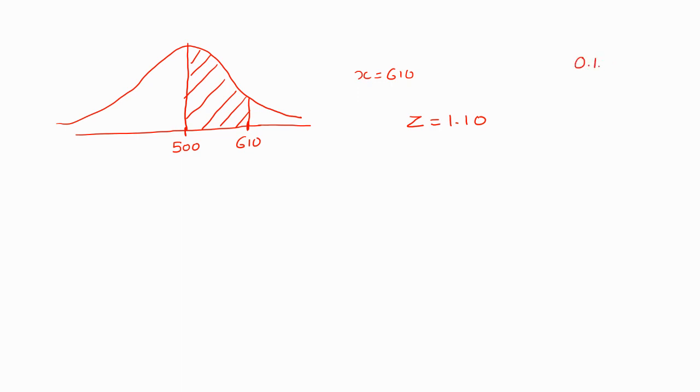In the table, the Z values will be listed 0.0, 0.1, 0.2, 0.3, 0.4, and so on, 1.0, 1.1, 1.2, till 3.0. Z values lie between 0 and 3.0, and correspondingly there will be the areas.